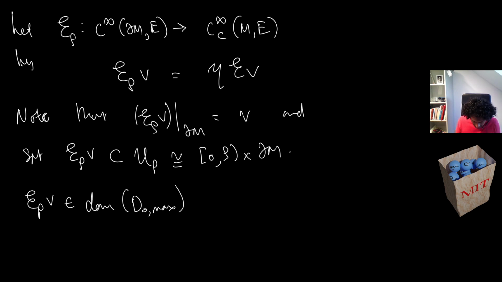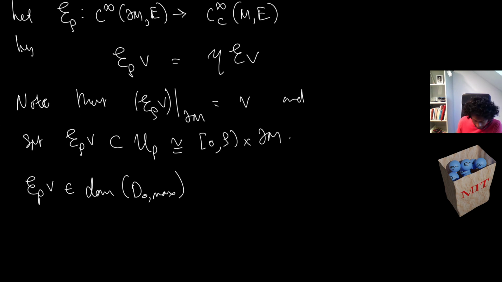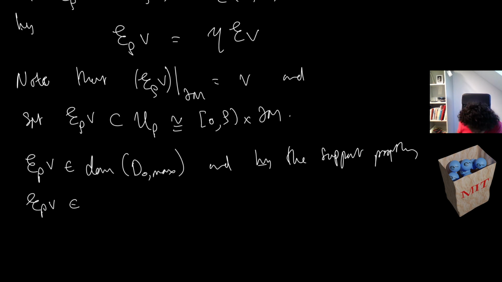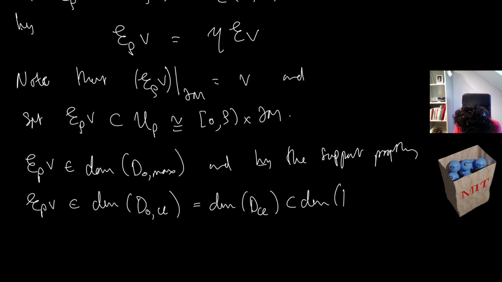So let me just write this first of all, and by the support property, we have that E rho of V is actually contained in DOM D naught CL, which is equal to DOM D naught of D of CL, which is surely contained in DOM D max.